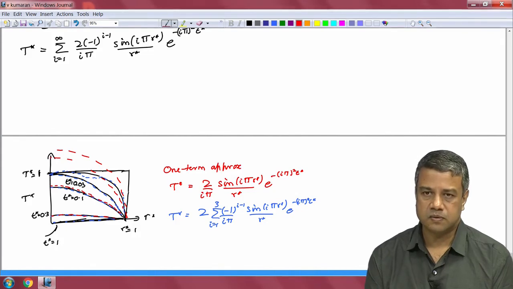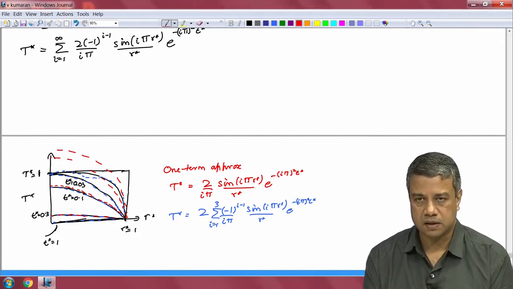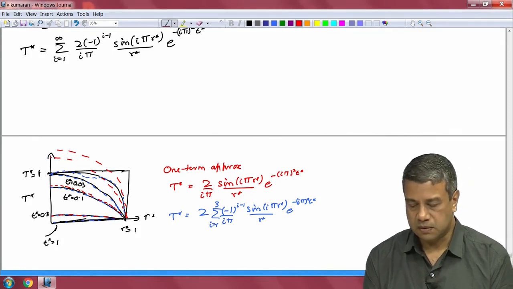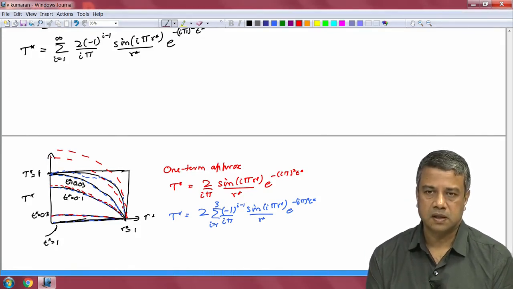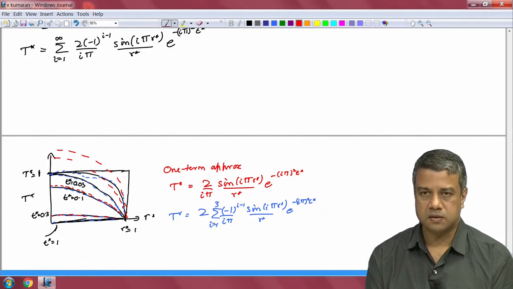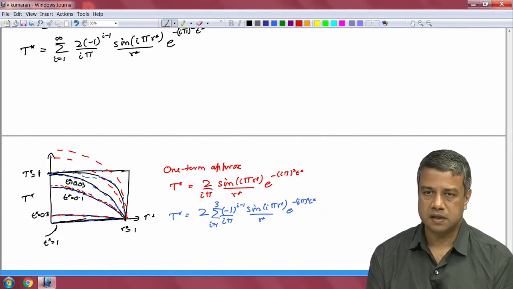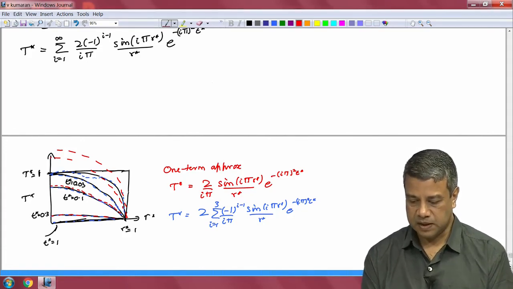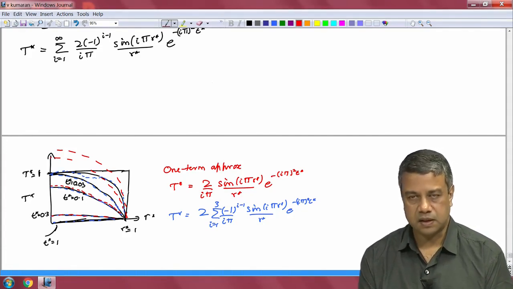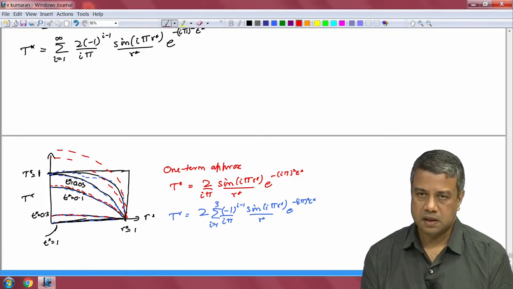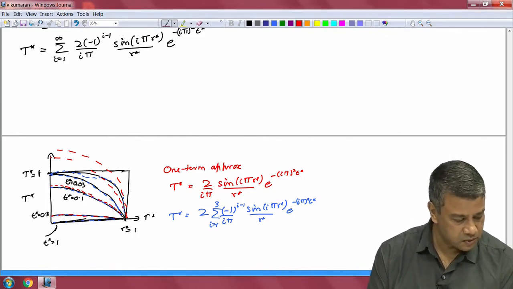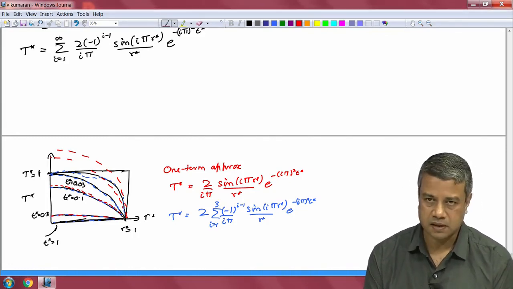At very early times, if the penetration depth, square root of alpha t, is much smaller than the radius of the sphere, you can use an approximation where the similarity solution can be used. For t star equal to 0.01 the similarity solution is quite accurate.